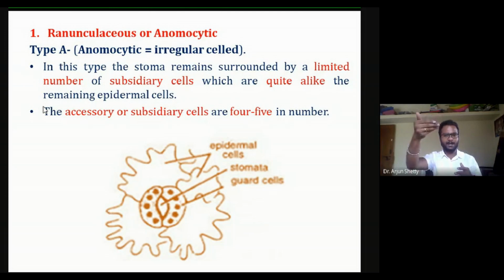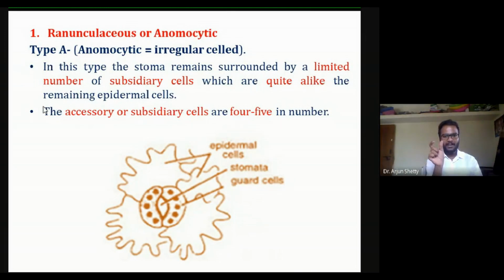Hence the name ranunculaceous, because Ranunculaceae is a primitive family when we talk about the evolutionary phylogenetic classification of plants. Ranunculaceae comes as a primitive angiosperm. The alternate name for the anamozytic type of stomata is the ranunculaceous type, and it is also called type A stomata.